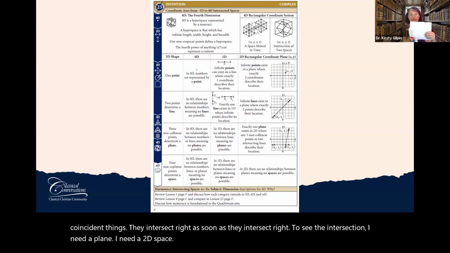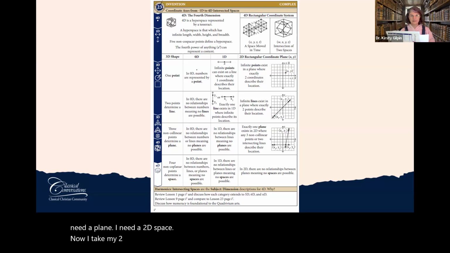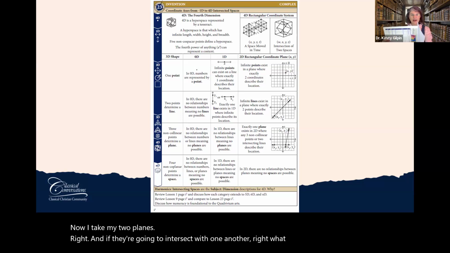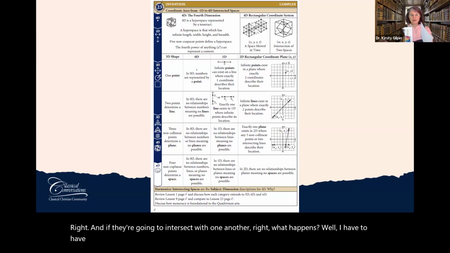Now I take my two planes, and if they're going to intersect with one another, what happens? Well, I have two 2D things that are intersecting. I have to see that in 3D.